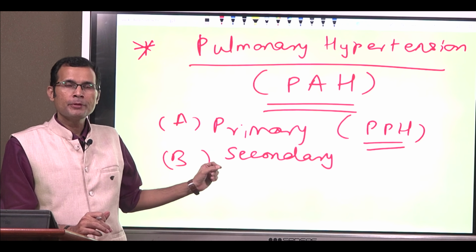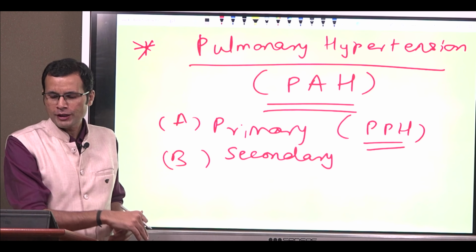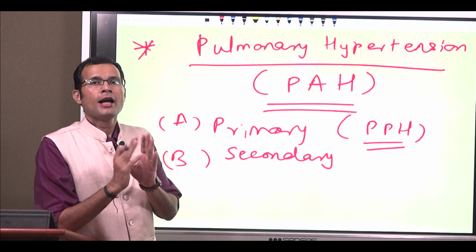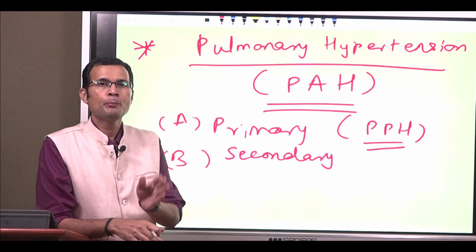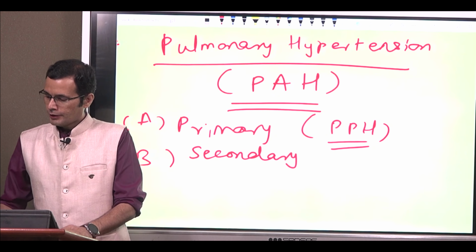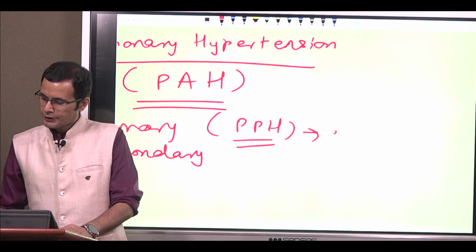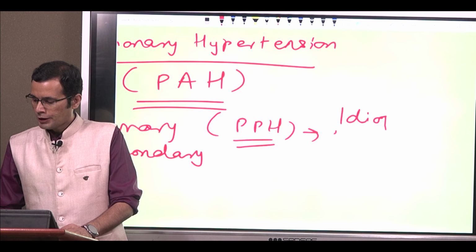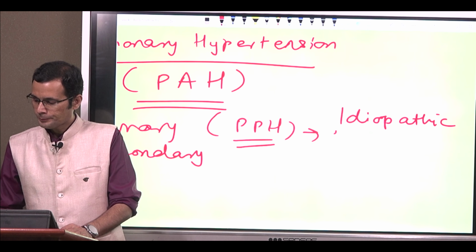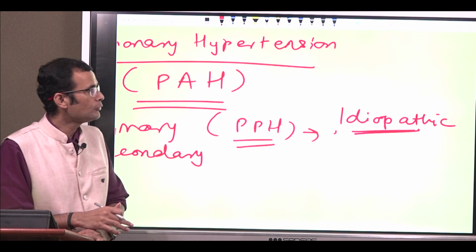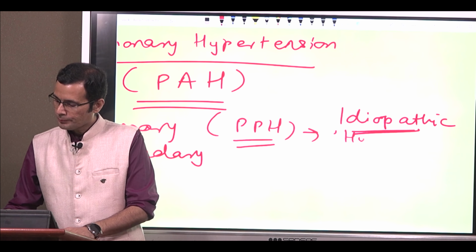Primary pulmonary hypertension is also called as idiopathic hypertensive vasculopathy.